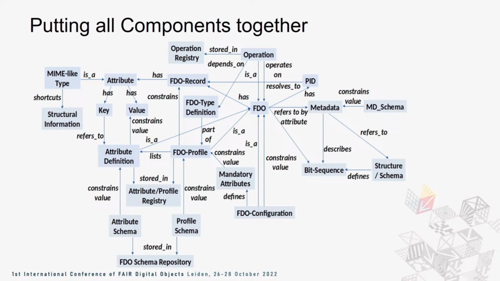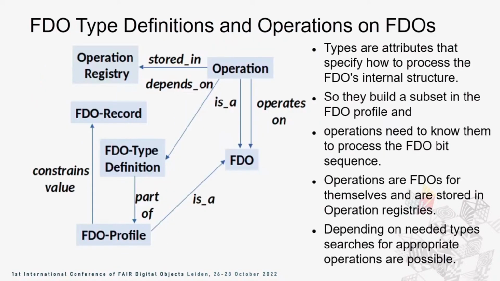And then, as I said, these operations are stored in registries, and you can then query these registries if you have a given set of type definitions in an FDO record. You can query which operation is usable, and you get back a list of such operations, which is simple because this is all known by the registry.